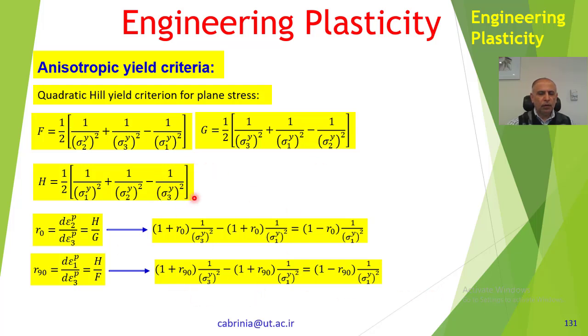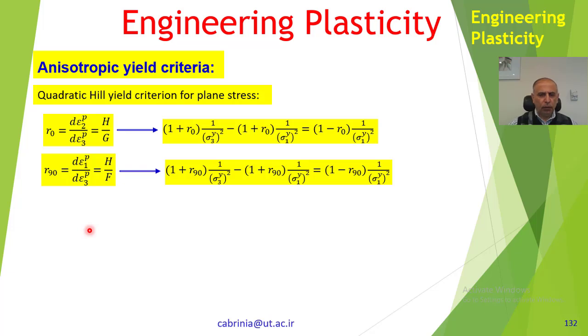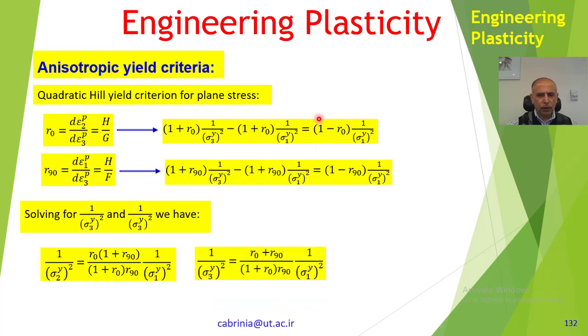You have to do some manipulation to get this relationship by dividing this by that and this by that. Okay, you can do that. So if we get these relations, then these are the relations we got from the previous slide. Then we could solve these two equations together to get sigma 3y and sigma 2y.